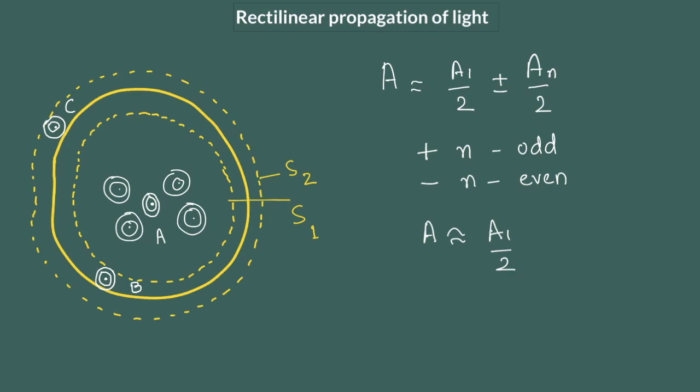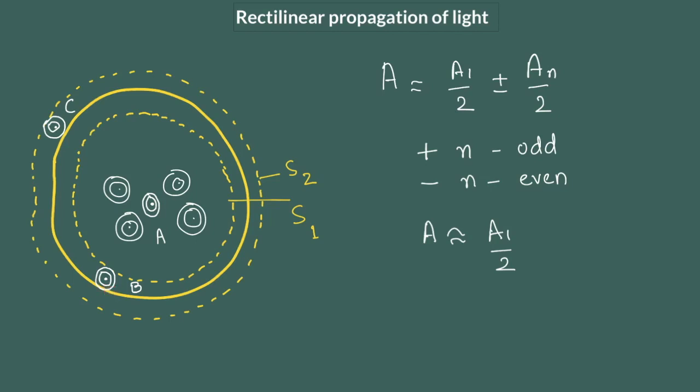But if now I consider pole B which is just towards the edge, because now the changing number of zones is coming at the edge, here the intensity or amplitude at the observation point will be decided by Fresnel's half-period zone theory.